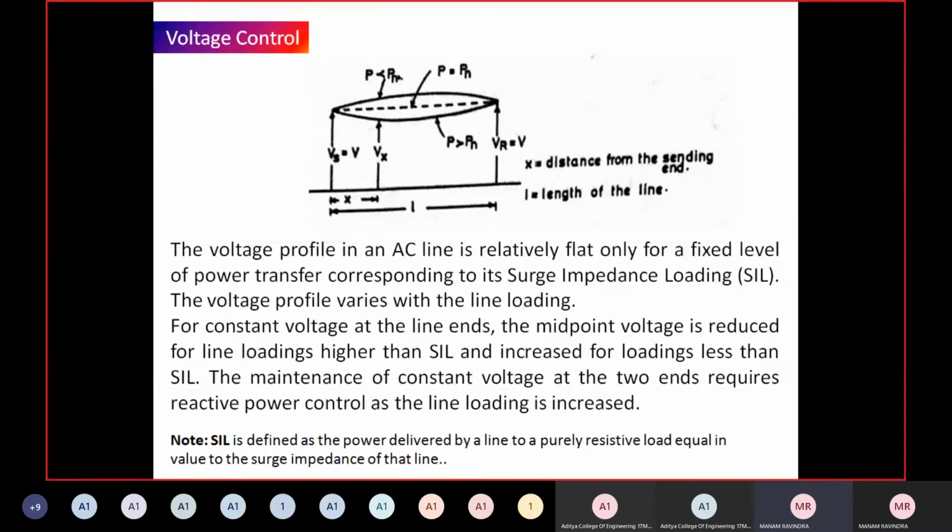At that condition, that is what we call surge impedance loading. At that condition, P is equal to Pn. The power transmitted is equal to the natural power.